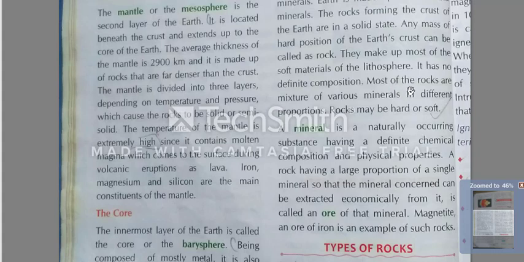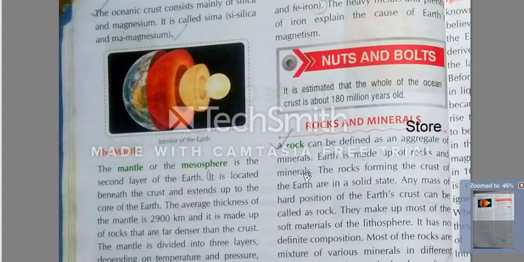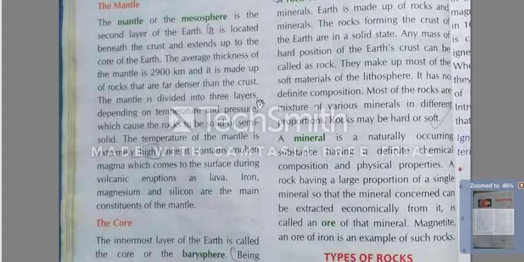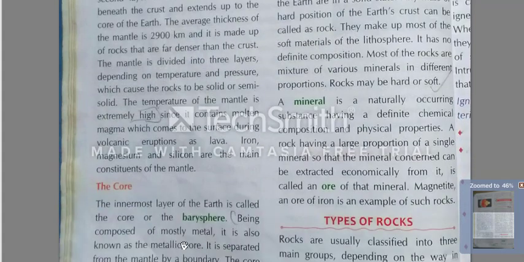Yes, most of the rocks are a mixture of various minerals in different proportions. See, we have seen the earth layers: crust, mantle and core.